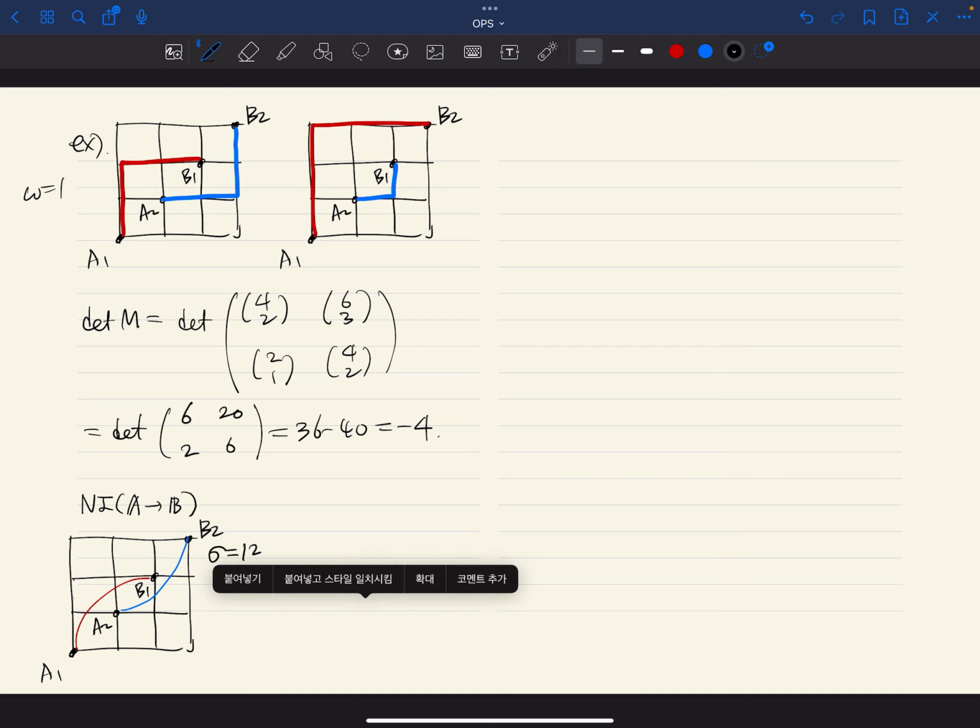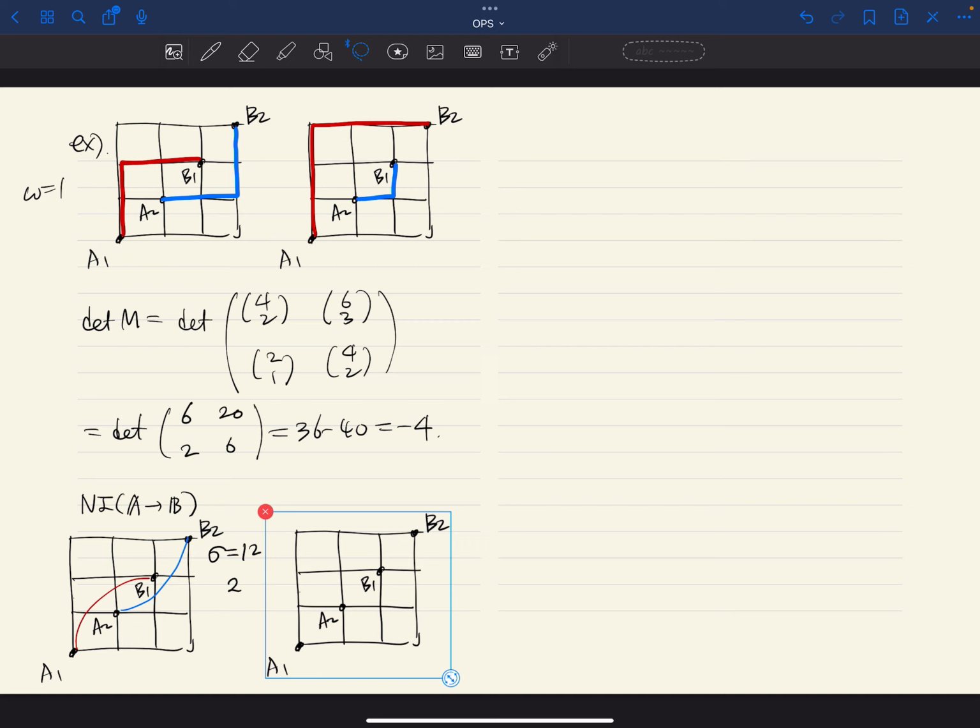Okay? And what about the case sigma equals 2, 1? We want to connect A1 to B2 and A2 to B1. Let's say you go this way. How many ways are there to connect A1 and B2 without touching these points? We can go either 1, 2, or 3 ways. And by symmetry, if you go the other way, you just multiply by 2.